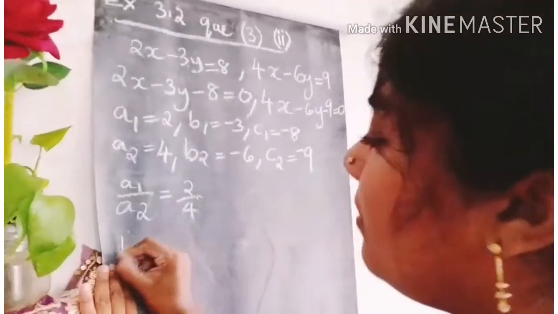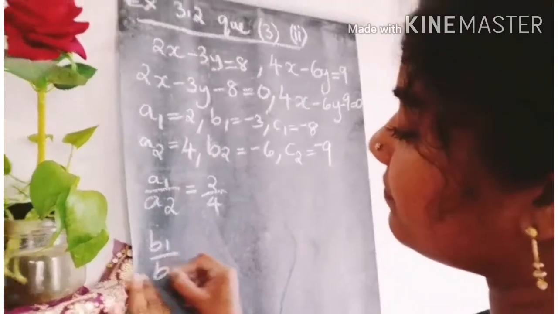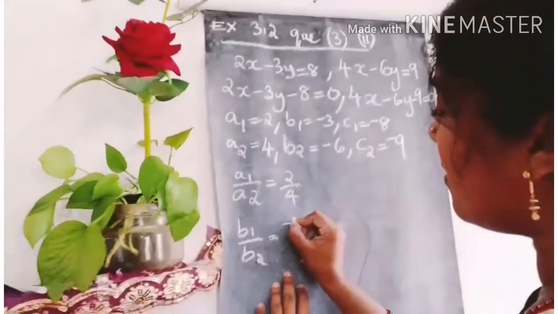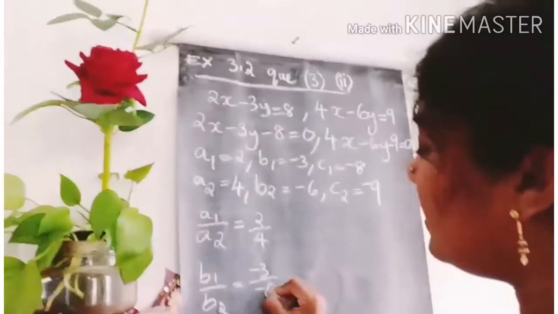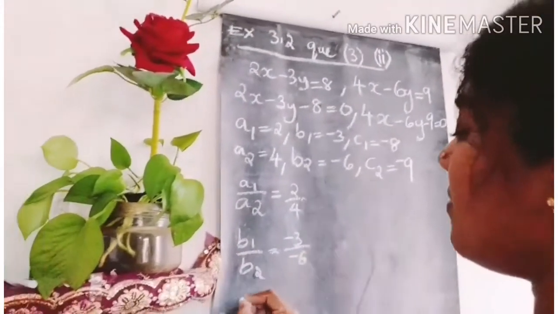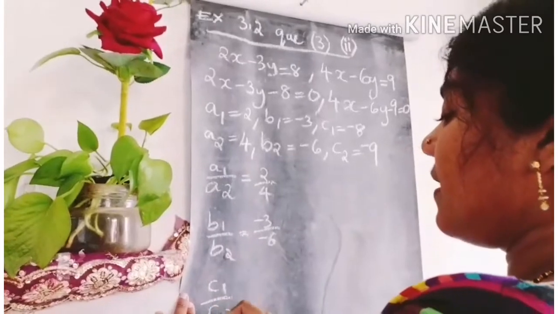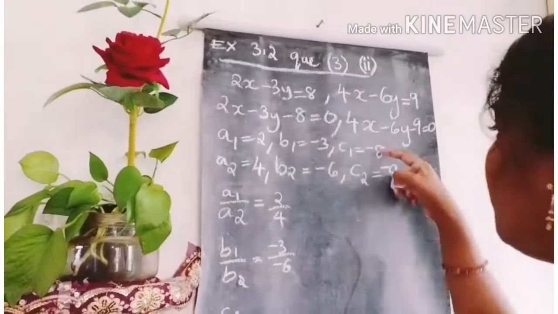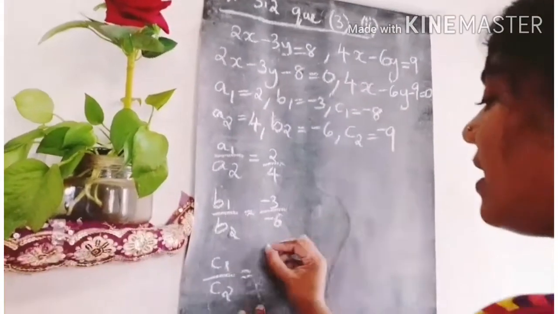And b1 by b2 is minus 3 by minus 6. And c1 by c2? This is c1, c2. Minus 8 by minus 9.